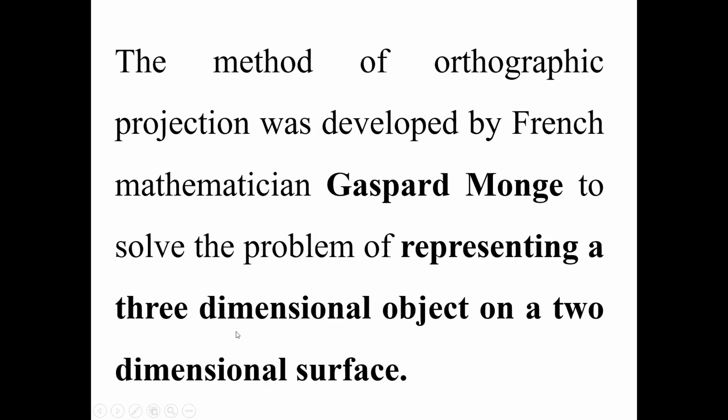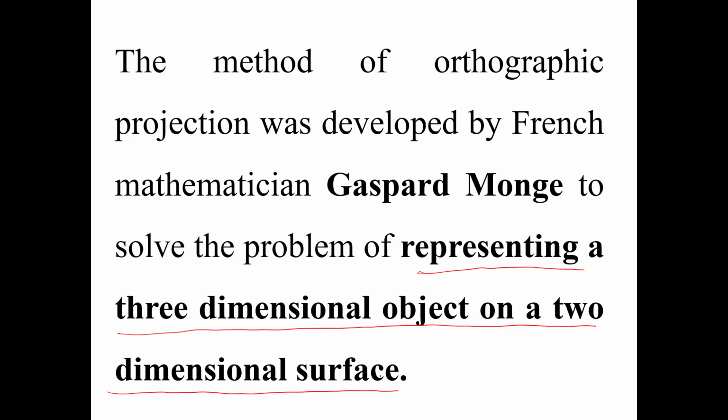This is the problem that people wanted to solve: representation of all details of a three-dimensional object on a two-dimensional surface or on a planar surface. This was one of the biggest challenges faced by people in the early days of implementation of engineering drawing. Many people tried to offer different kinds of solutions to this problem.